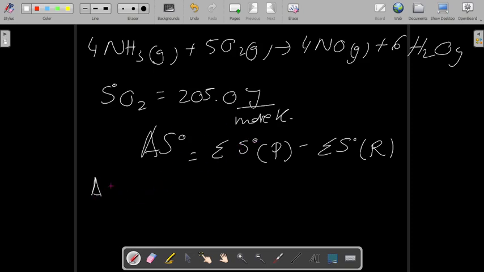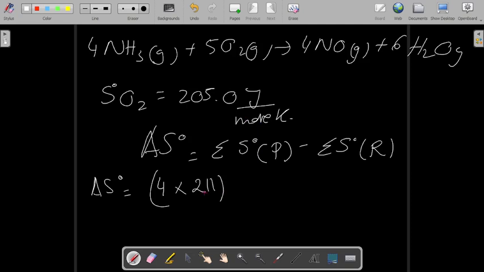So let's see. Change of entropy is, what do we have here? The products. There are 4 of them. If you go to the table, you'll find out that for nitrogen monoxide it is 211 joules per mole Kelvin.